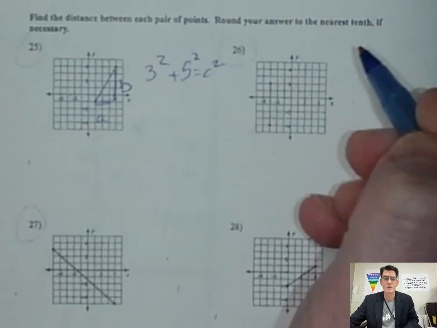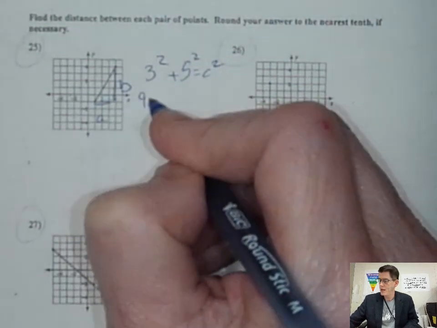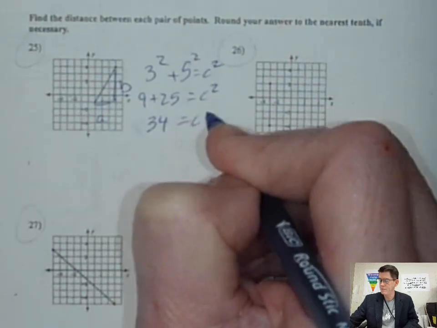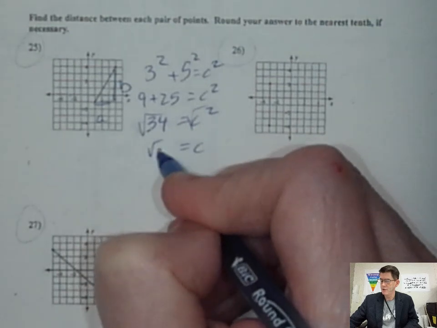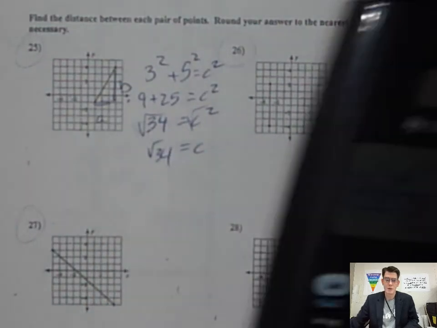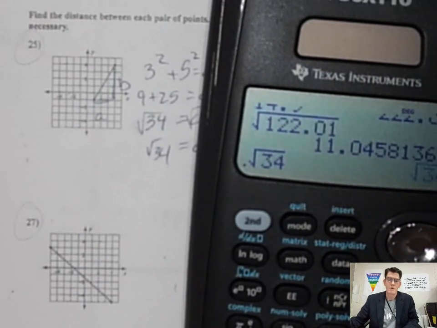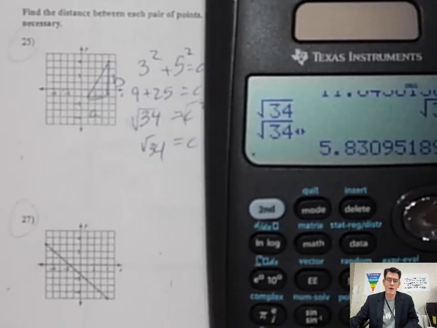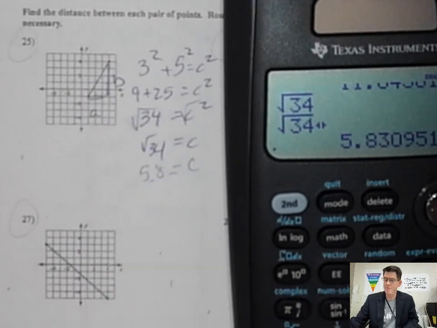That's going to give us the distance squared. So 9 plus 25, which is 34, is c squared. Taking the square root gives us the square root of 34. Something less than 6, 5.8 or something? We don't round up, so 5.8. c is rounded to the nearest tenth, 5.8.